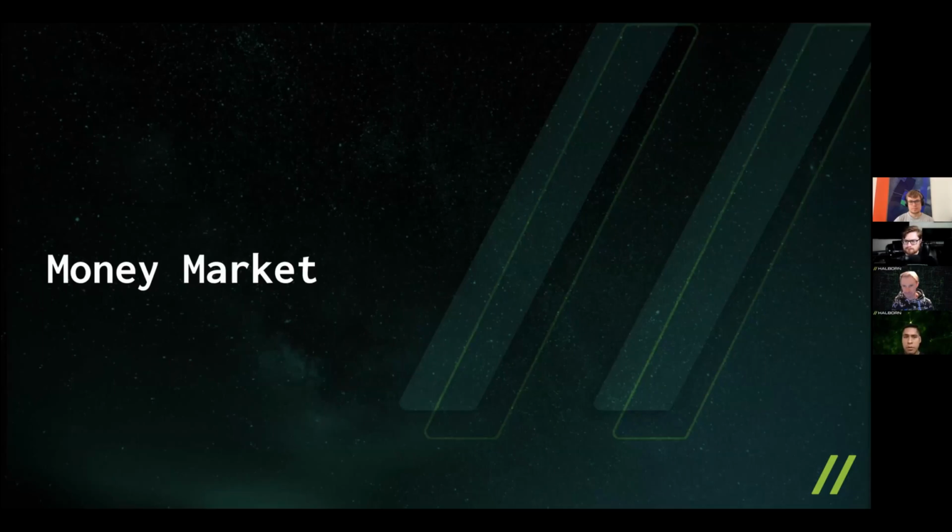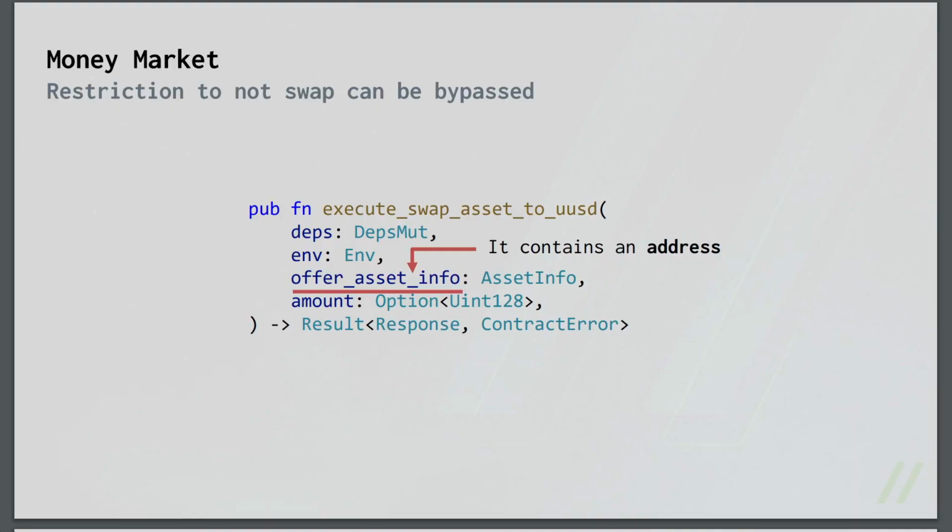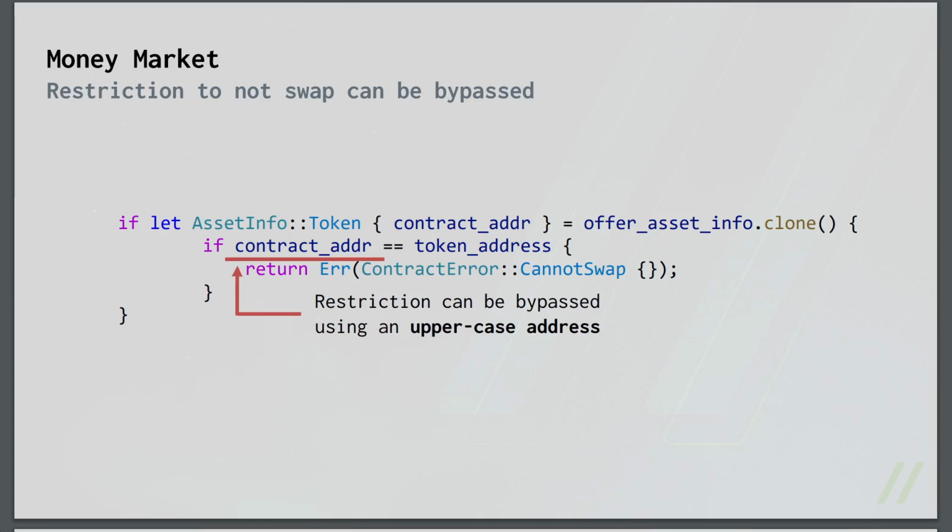Another example for a money market: here you try to execute a swap, a specific asset to USD. So if you see the code here, it contains an address. And if we see the implementation, you see that you are comparing the input contract address again with a specific one.